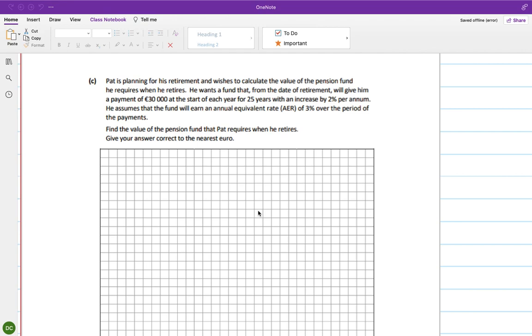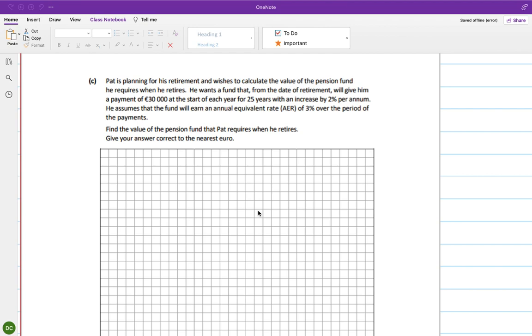So, this is a weird one because, first of all, it seems like it's savings, but it's not. He is going to be getting this money kind of the same way that you would pay a loan, as in he's getting 30 grand at the start of the first year, and then 30 grand ish at the start of the second year, and so on.